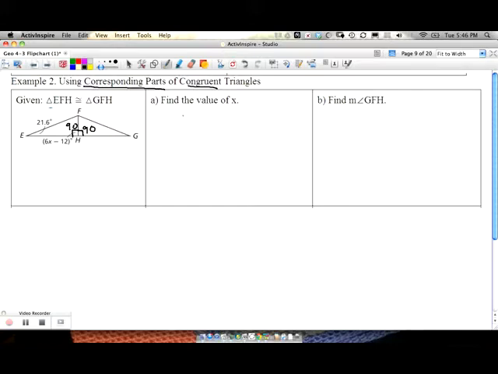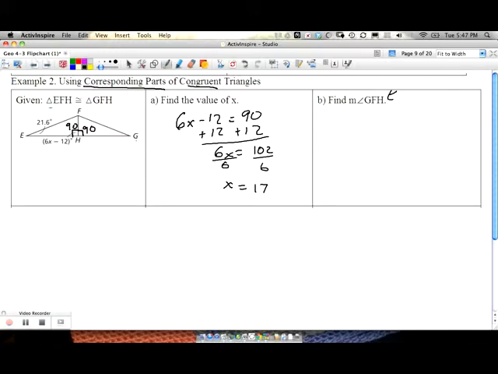That means that 6x minus 12 is going to be equal to 90 degrees. Now it's just an equation for me to solve. I add 12 to both sides. I got 6x equals 102. And when I divide by 6, x equals, 6 goes into that how many times? Let's see. 10 times, and then 42, so 17 times. That's a lot.